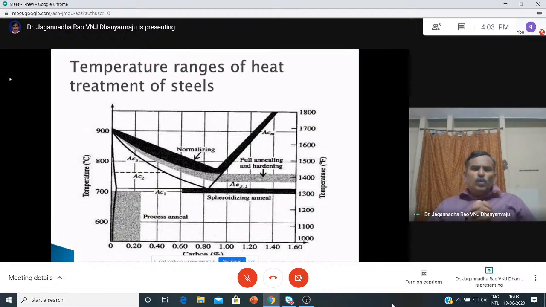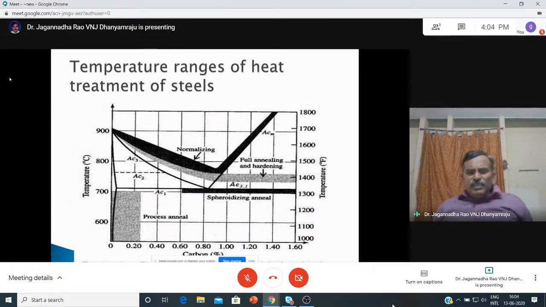See, full annealing is represented by grey color, and if you see this grey color, for hypoeutectoid steels the annealing temperature is slightly above the upper critical temperature, but for hypereutectoid steels, it is above the lower critical temperature.